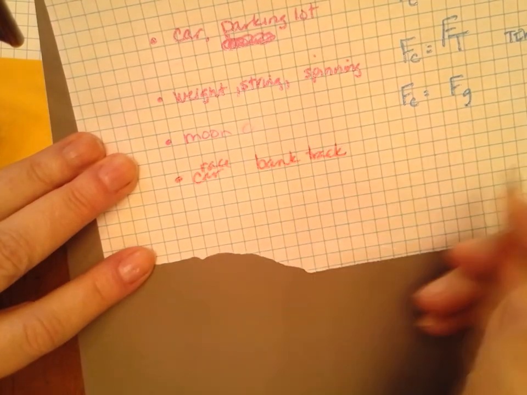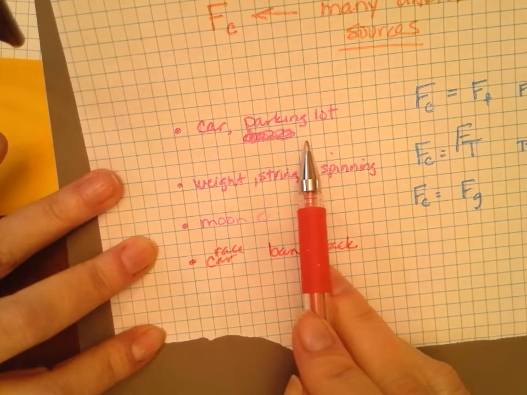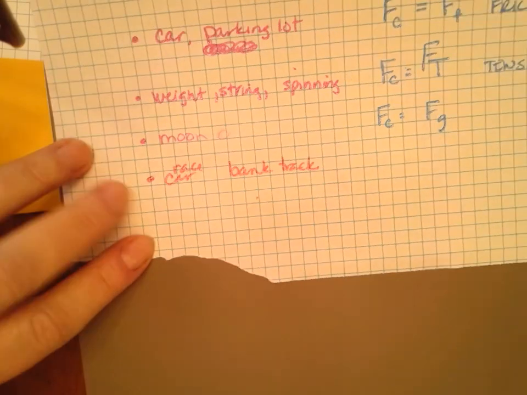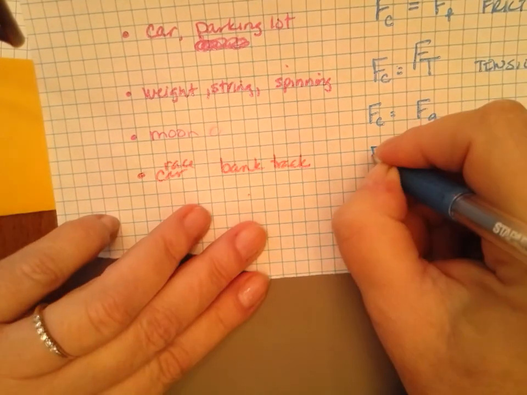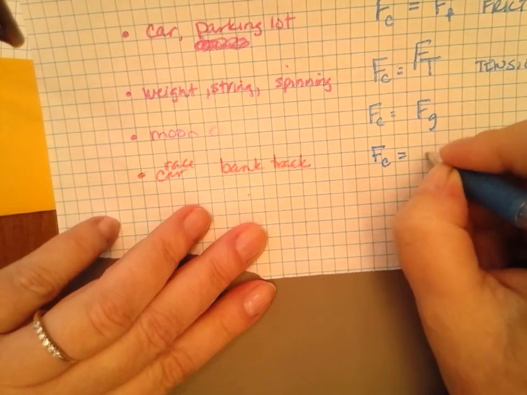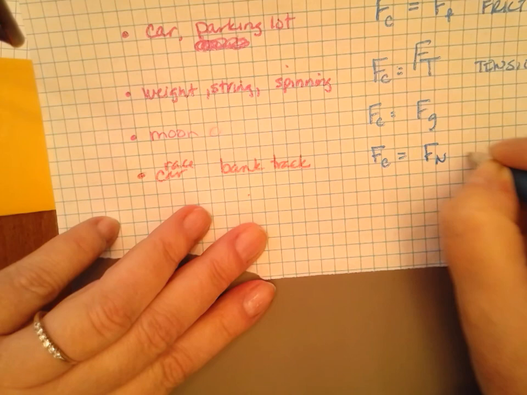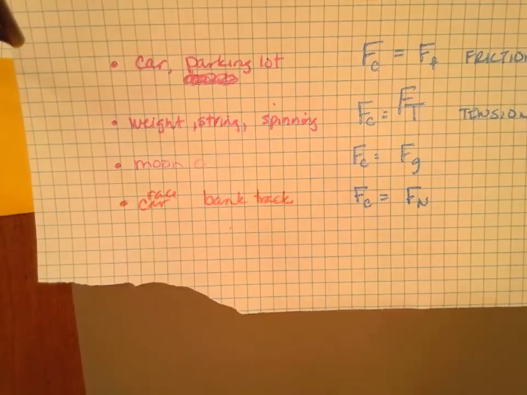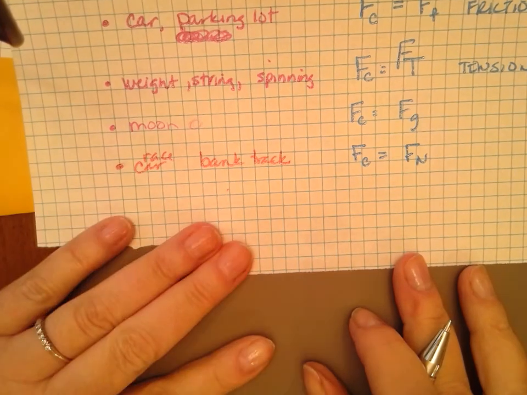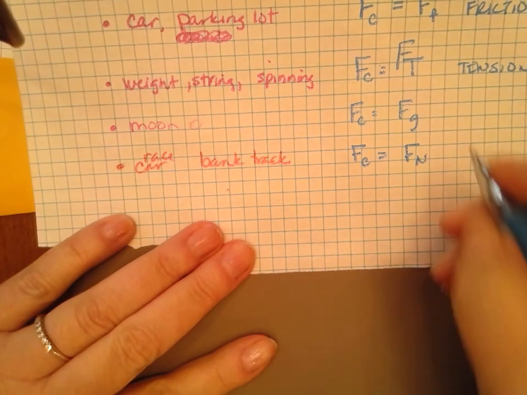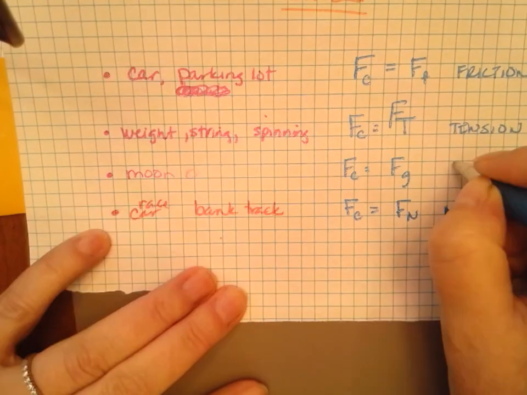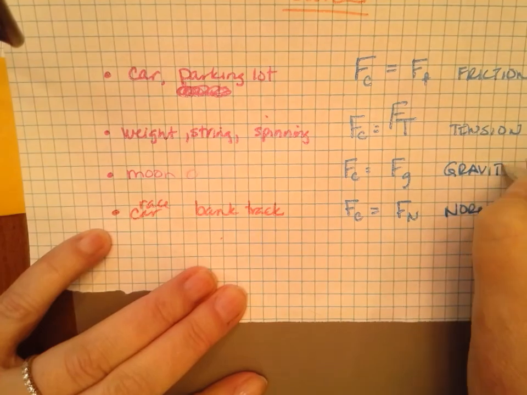If I have a car going around a track that is banked, then my centripetal force is going to be a normal force, which is the track pushing back against the tires. So that is your quick summary of circular motion and force.